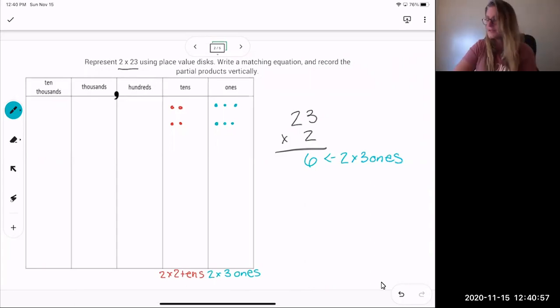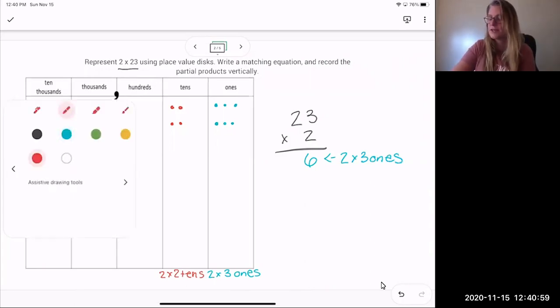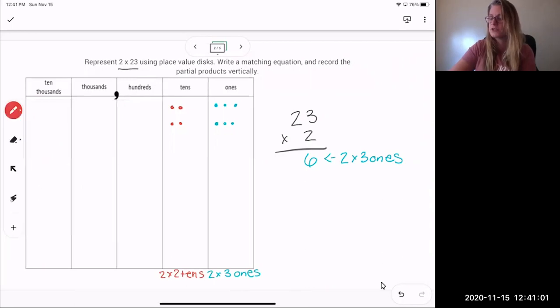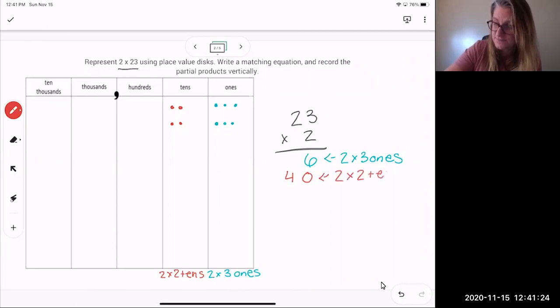Okay. And then we're going to look at our tens place and record our partial products for our tens place. And in my tens place, I have 2 times 2 tens, which, looking at my place value chart, I know equals 4 tens. And I know 4 tens is equal to 40. So 40 is 2 times 2 tens.